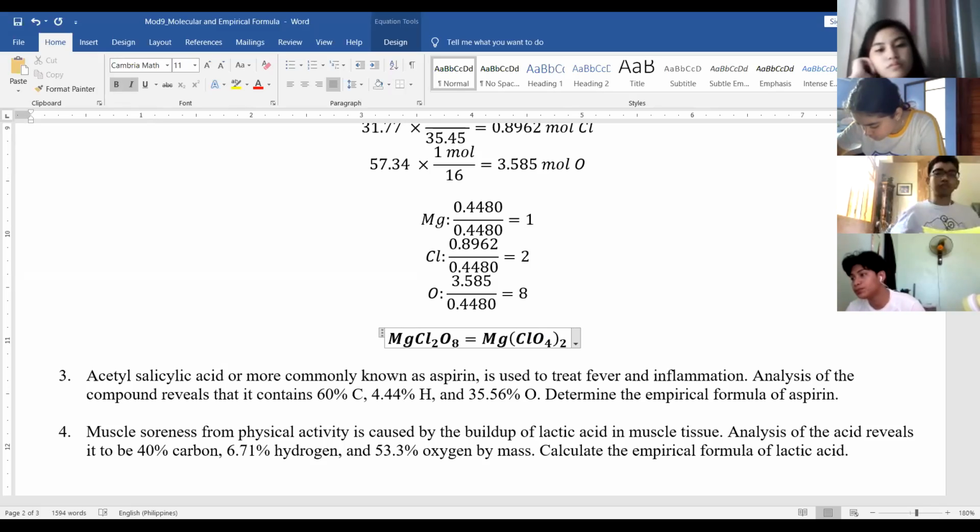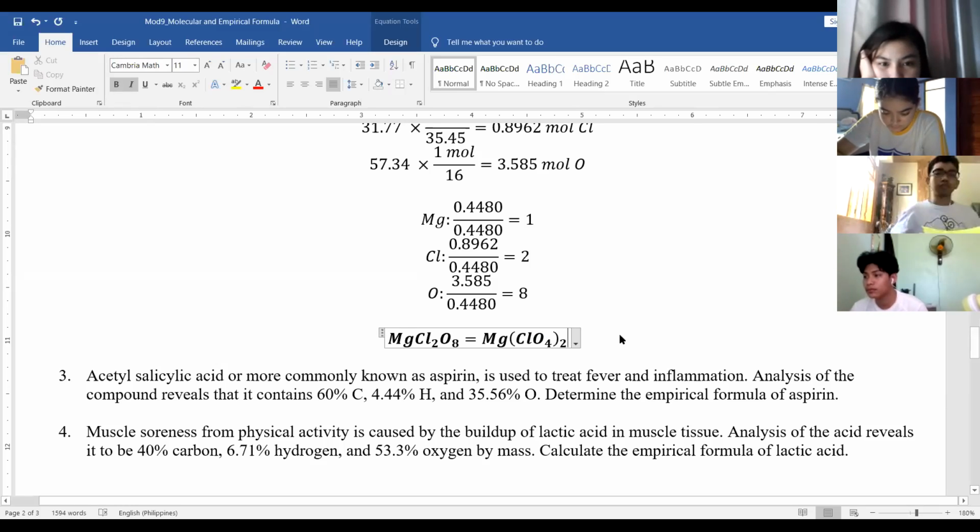And that is the exact formula if we really have to change the name magnesium perchlorate to a formula, and that is how it can be written. But since this lesson does not specify how we write it based from the name, but based from the smallest ratio possible in each mole, we have the final answer MgCl2O8.